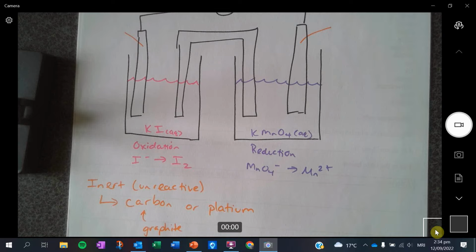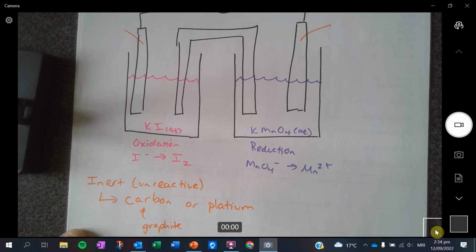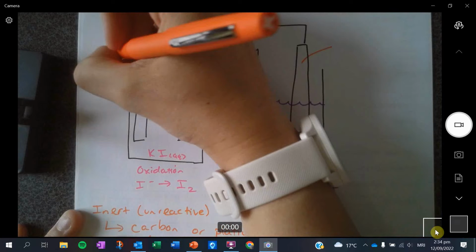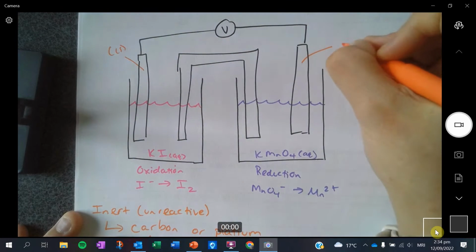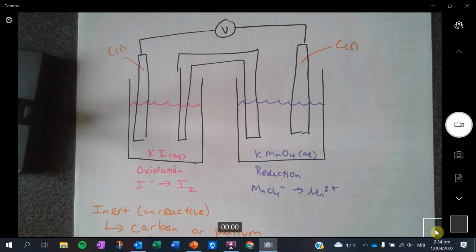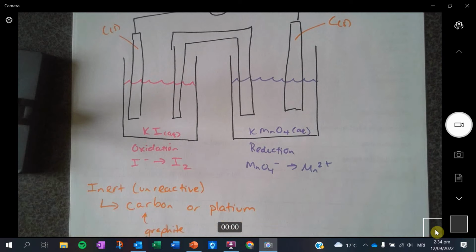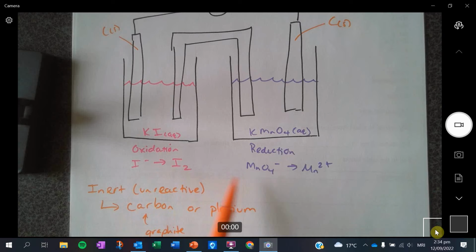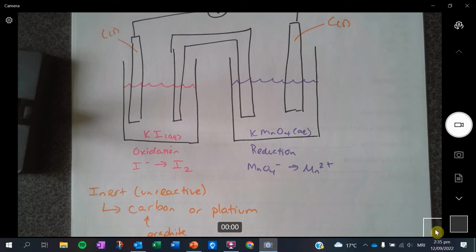The other reason why we're going to be using this is, so these are both carbon electrodes. And we choose carbon, or I should say we choose graphite because we know graphite can conduct electricity. It's unreactive. The other thing we need to also look at is the phases of these guys.